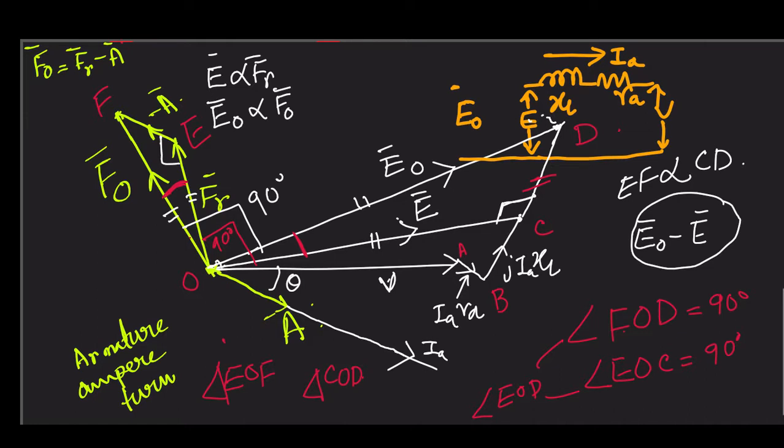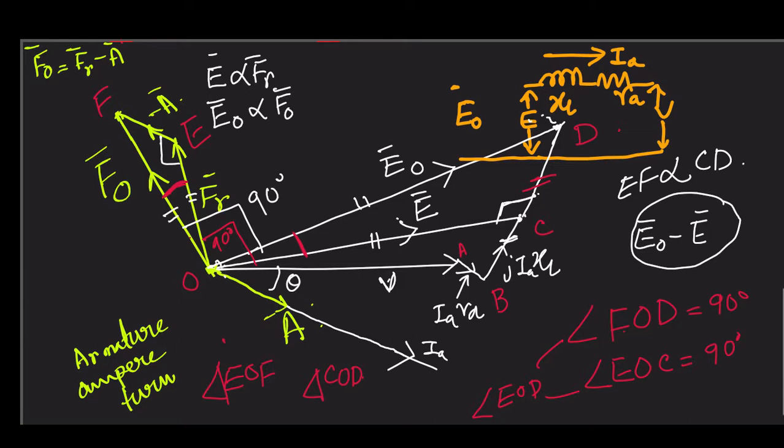Therefore, it is quite obvious that this CD is a collinear vector with this BC, or in other words, we can say that CD, this side of triangle OCD, is exactly perpendicular to this IA, because BC or CB is already known to be perpendicular to IA.